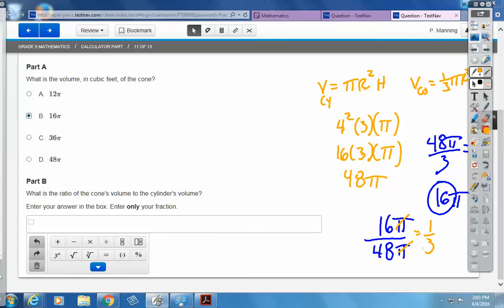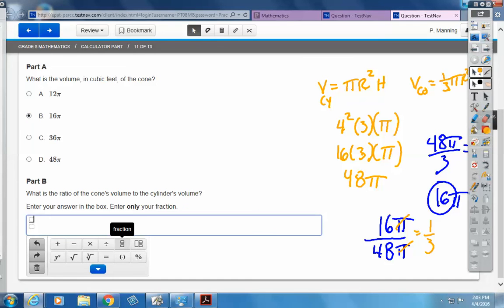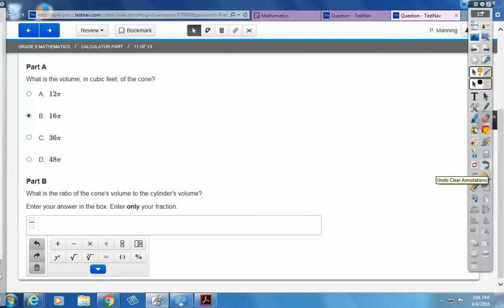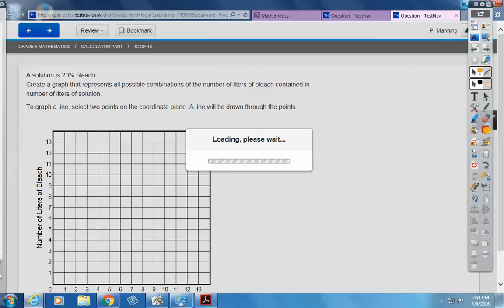So we would use this button right here for the fraction, and we'll put in 1/3. All right, let's keep plugging on. 2 more to go. Let's get these 2.